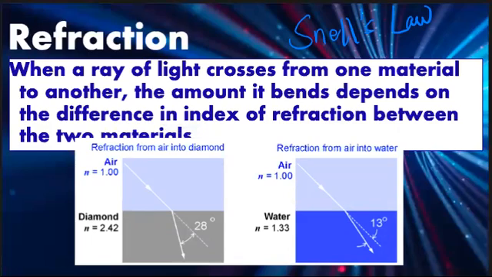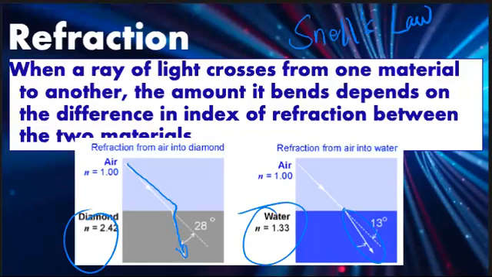When a light ray passes through the air and then through a diamond, it is bent with the index of refraction value of 2.42. This helps in determining if the diamond is real or not. For the refraction from air into water, the index of refraction value of water is 1.33.